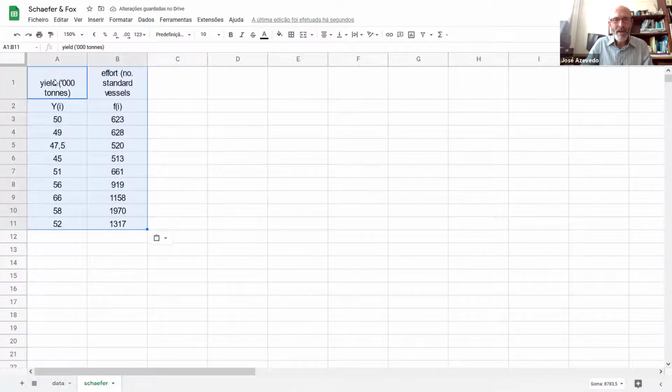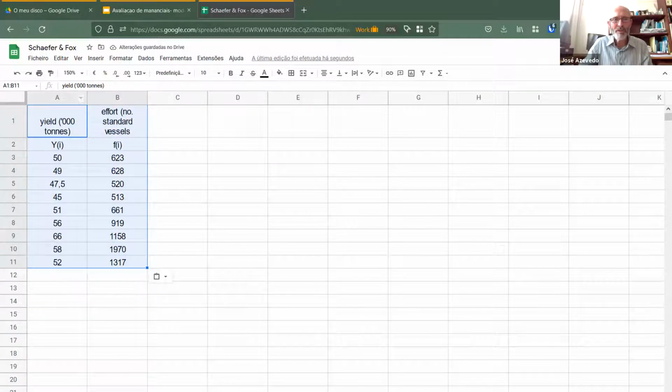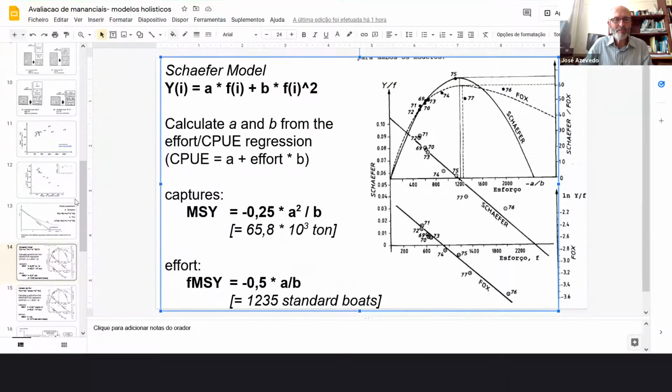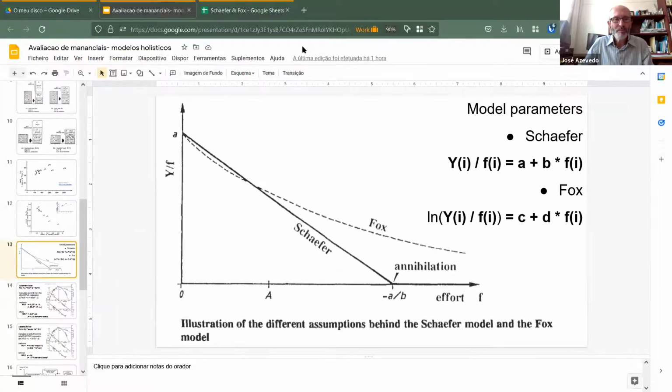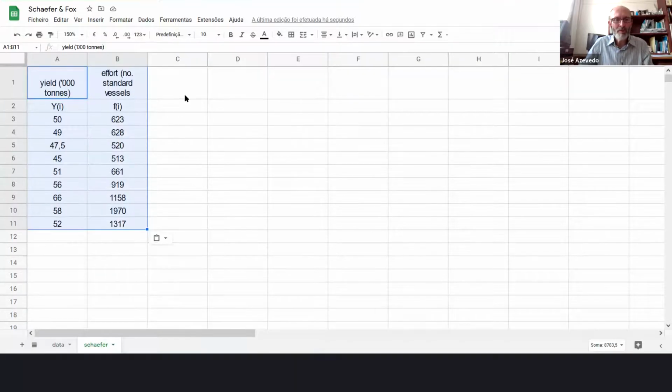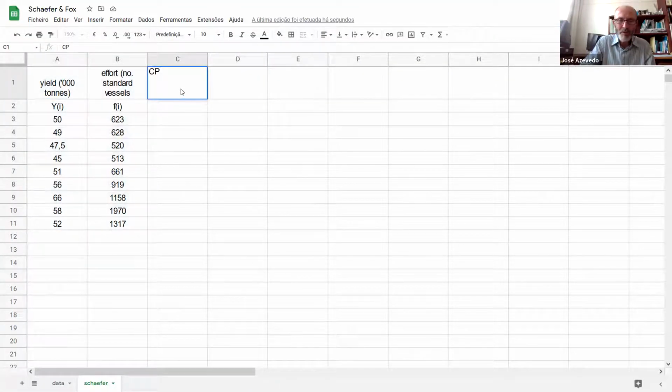Now if you remember from the presentation, the Schaefer model assumes that there is a direct, straight line connection between fishing effort and capture per unit effort, right? So we need to calculate the capture per unit effort to be able to make these calculations and then estimate the parameters from the Schaefer model.